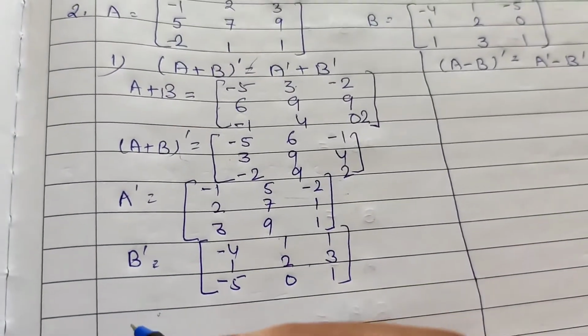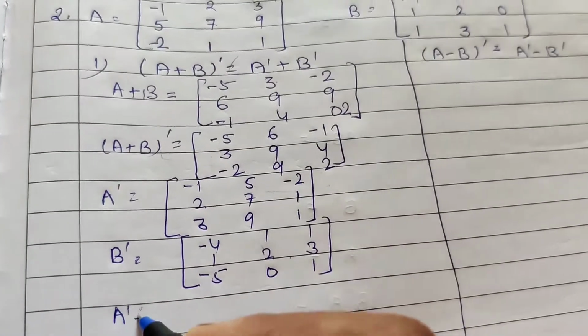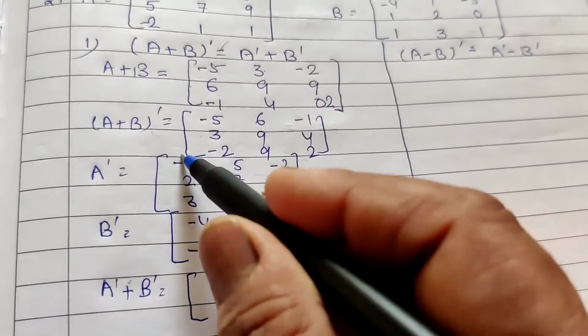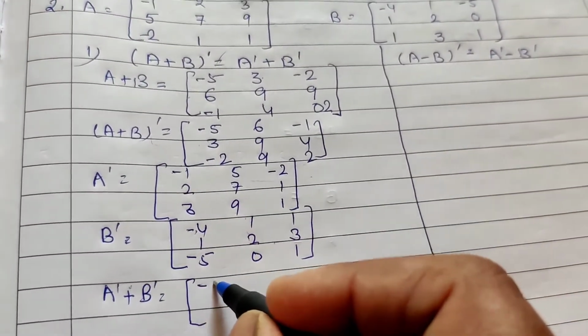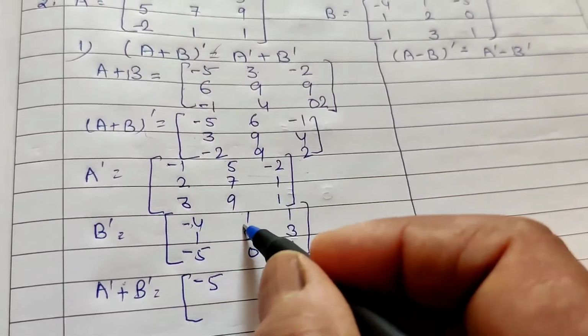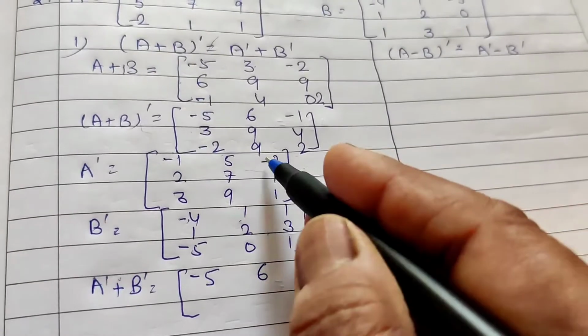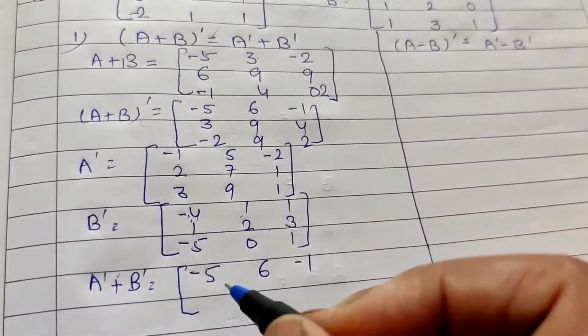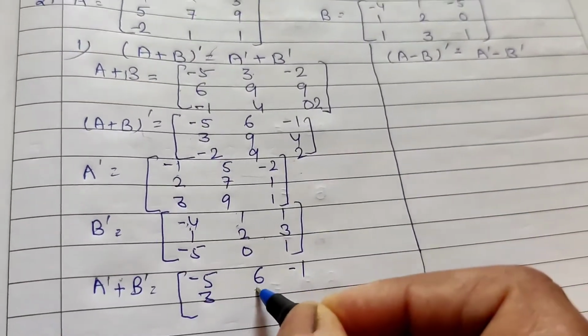Now add these two, A dash plus B dash. -1 -4 is -5. 5 plus 1, 6. -2 plus 1, -1. 2 plus 1, 3. 7 plus 2, 9.